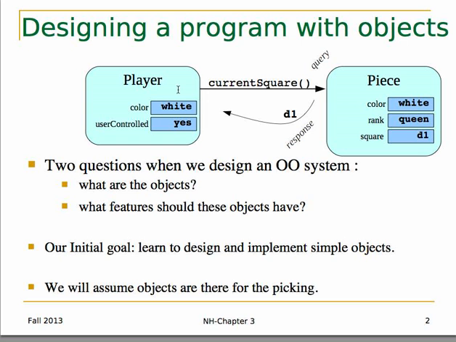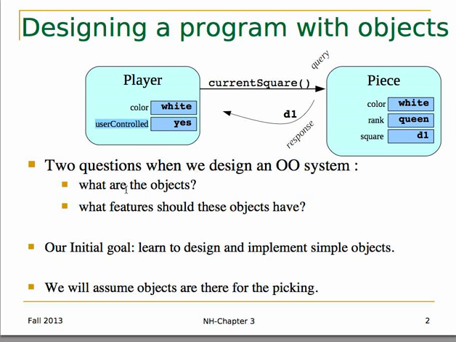And you have 2 players. If you're setting up a game that's going to be played by, let's say, a computer, you might want to have something like this. This is a feature. User-controlled, yes, would mean that it's an actual person. No would mean that it's some computer algorithm doing the playing for you.